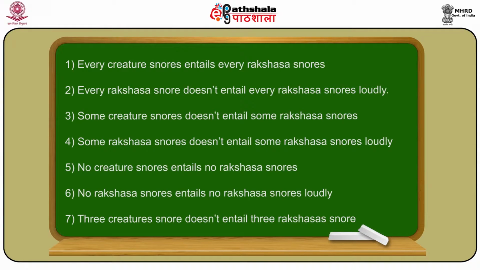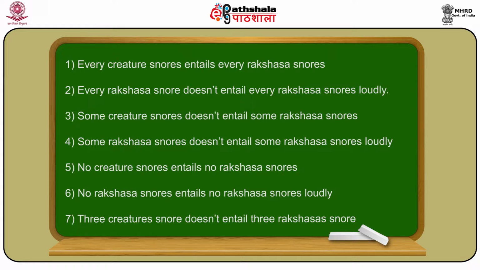Every creature snores entails every Rakshasa snores. This shows that every is DE, downward entailing with respect to restriction. Every Rakshasa snores does not entail every Rakshasa snores loudly. That means every is not downward entailing with respect to the predicate.